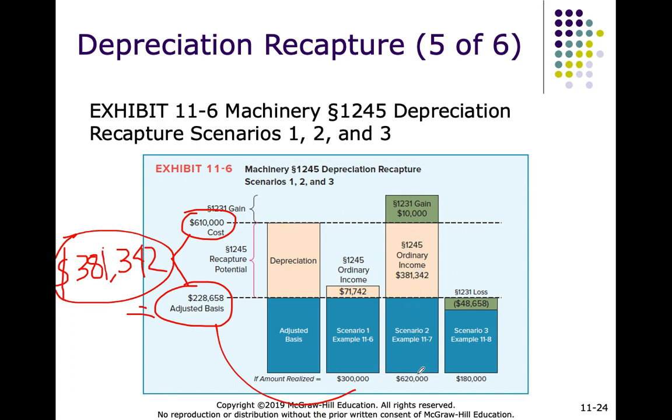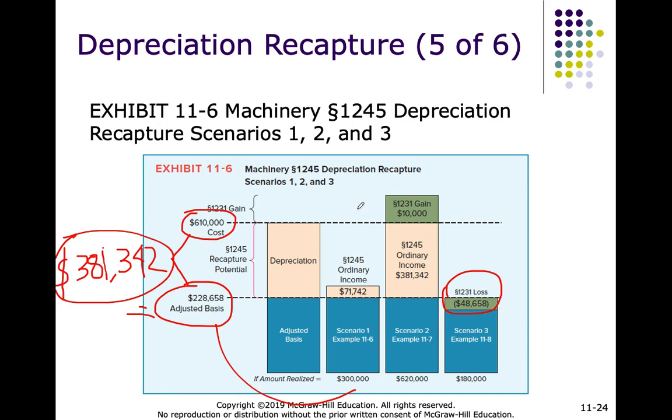Now, for example number 3, we sold the asset for 180. Since this is less than the adjusted basis, we have realized a loss. Automatically, when it's a loss, it's a 1231 loss. All losses considered 1231 losses are ordinary loss and fully deductible.